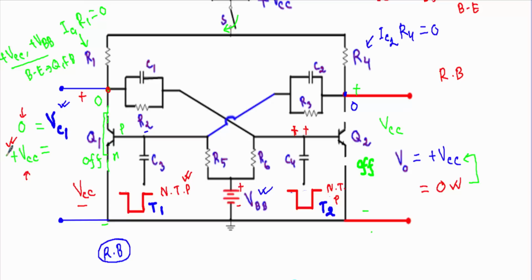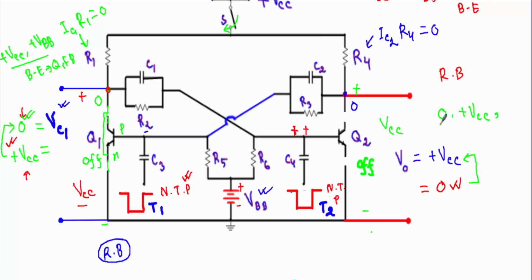Now our output voltage will again be at 0 volt, and it will stay at this level if we don't apply any additional triggering pulse. See, the output of this multivibrator circuit is stable both at 0 level and at plus VCC level, and the transition occurs if we apply any triggering pulse.